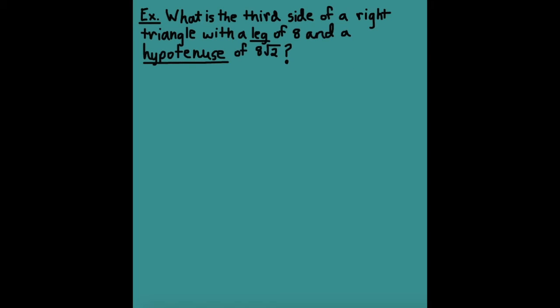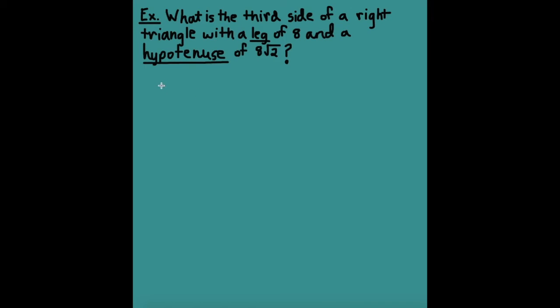Since the right triangle has 2 legs and 1 hypotenuse, we know that we are finding the other leg. Now, is this problem a 45, 45, 90 problem? The answer is yes. This is a 45, 45, 90 problem because the hypotenuse is the leg times root 2. The leg is 8 and the hypotenuse is 8 root 2.